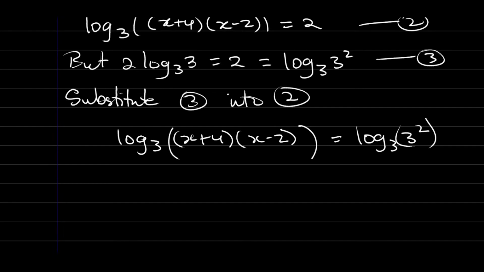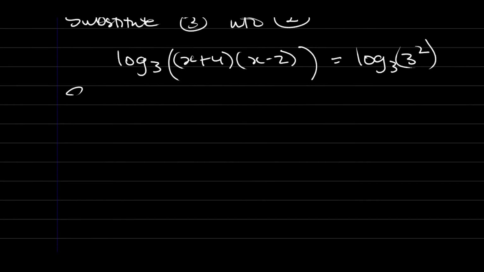So now the brackets are equal to each other. So that means that x plus 4 times x minus 2 is going to be equal to 3 to the second power, right? And 3 to the second power is 9, so we're going to just expand.